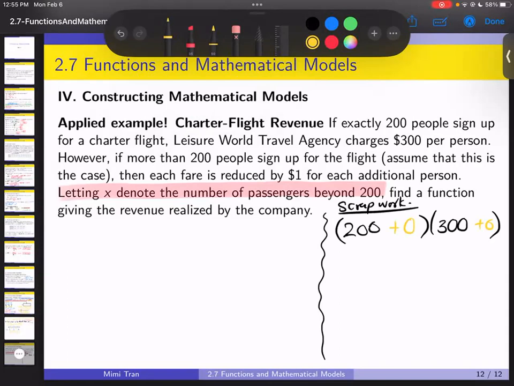If I have one more person sign up, so 200 people plus 1, then what is my ticket price? It's reduced by $1, right? $299, or 300 minus 1. If I have 2 more people sign up, what happened? How much is my ticket price now?